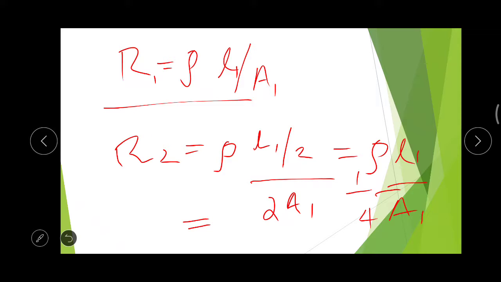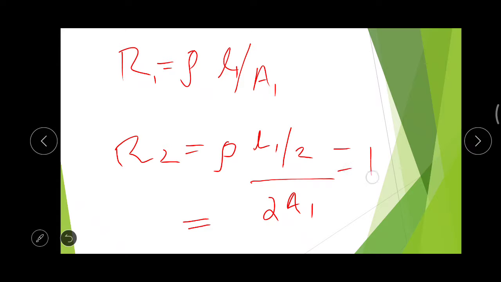So you can write this one as R2 is equal to 1 by 4 R1. So R2 will be equal to 1 by 4 times of R1. The R1 value is given in the question, that is 4 ohm.